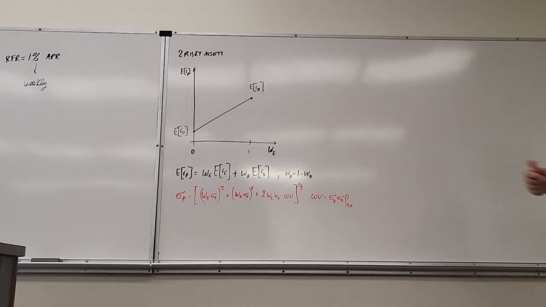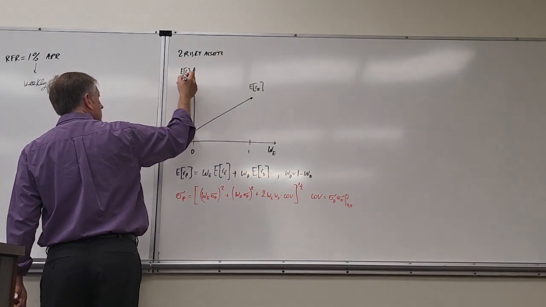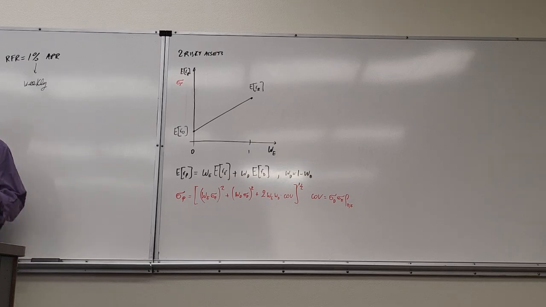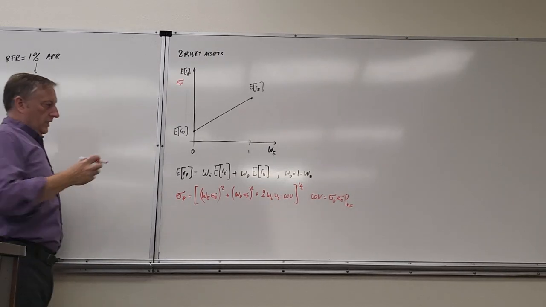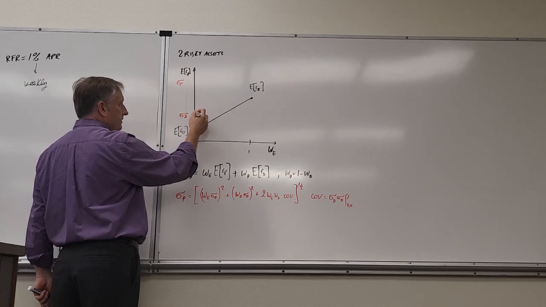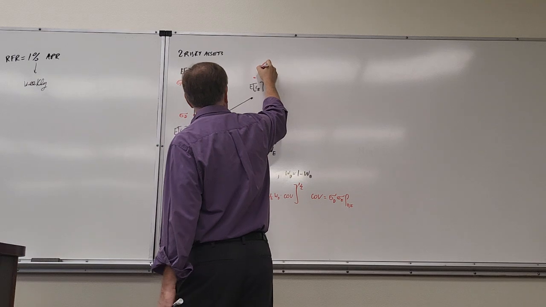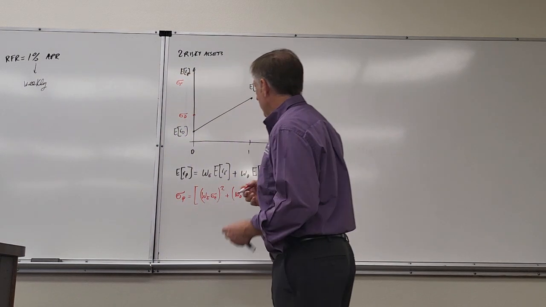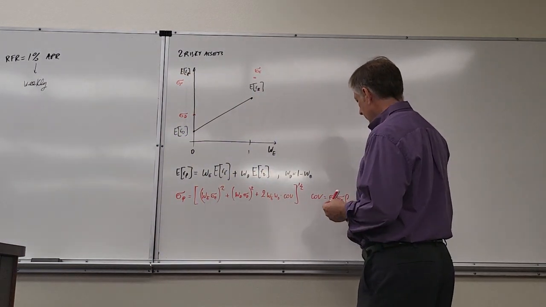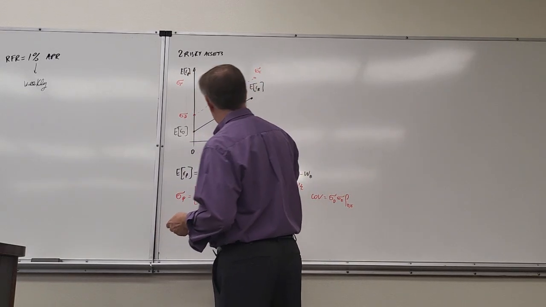So depending on what the level of correlation is, the graph of risk can take different forms. You start from this, and you end at, depending on what scale this is, the risk of equity. If the correlation between the two is 1, then this graph looks like that.